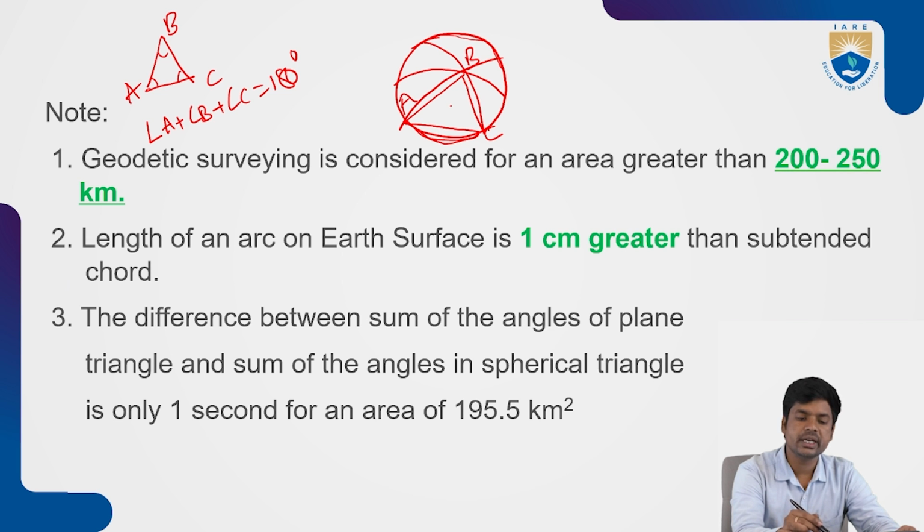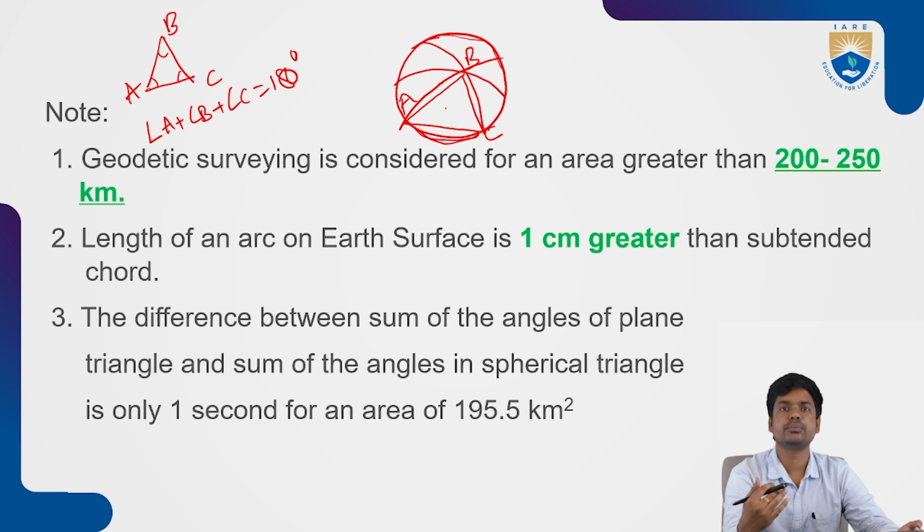Now if you see the area of this plane triangle and this spherical triangle, the area of the spherical triangle is more than the plane triangle. So whenever you consider the Earth's curvature, the plane triangle area is less than the spherical triangle area.